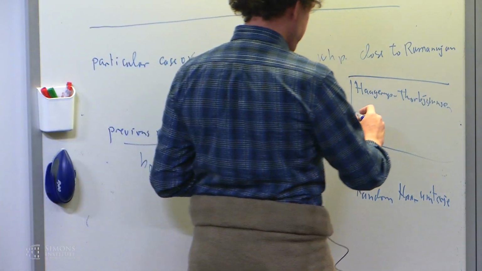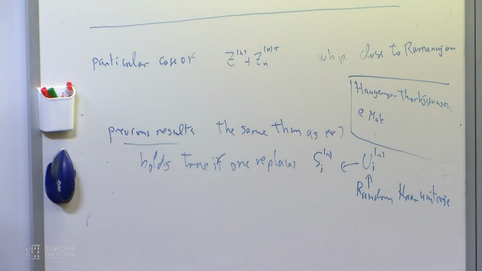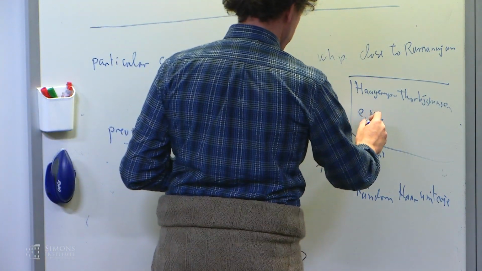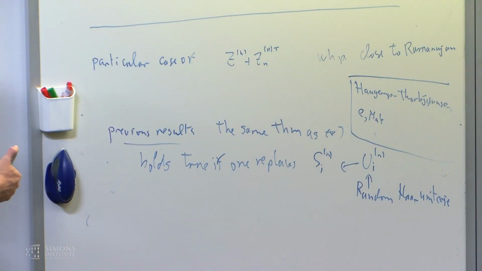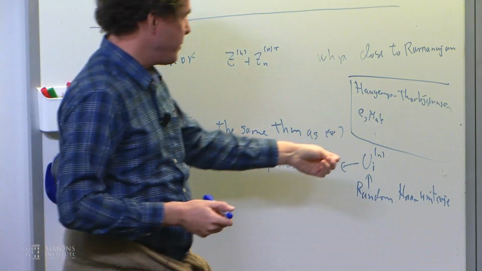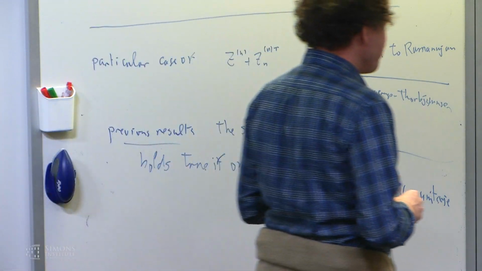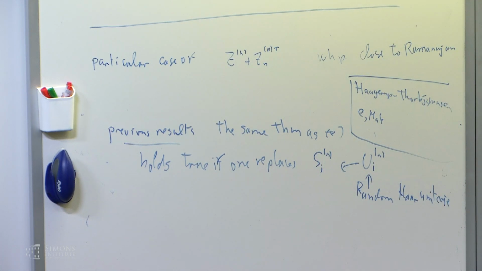And then together with Camille Male, we proved it for random unitaries. So in a sense, my point of view at least was, well, let's replace this probability measure by another one and see what happens. And I was not aware at that time of what was at stake from the graph theoretical point of view.